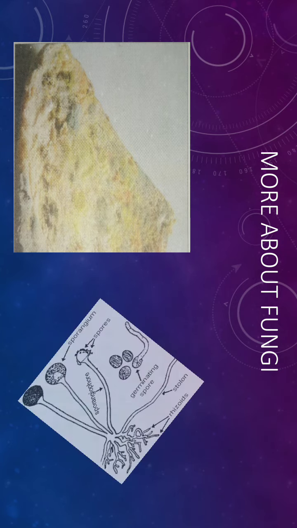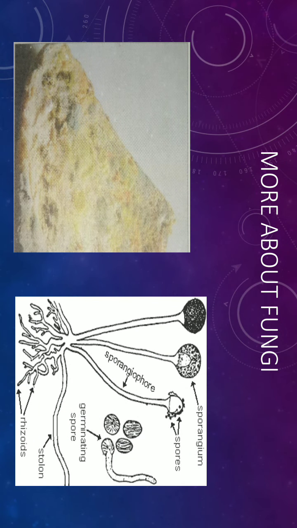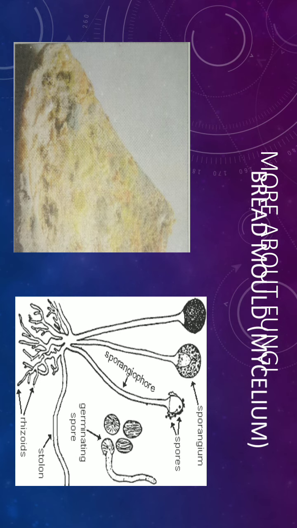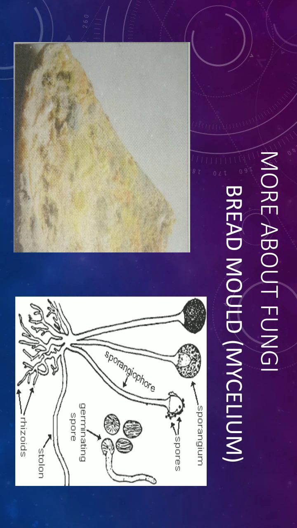And if we see this mold under a microscope, we will see this type of structure. You can see the labeled diagram of this structure. Actually this is bread mold, or we can say this mass to be mycelium of bread mold.